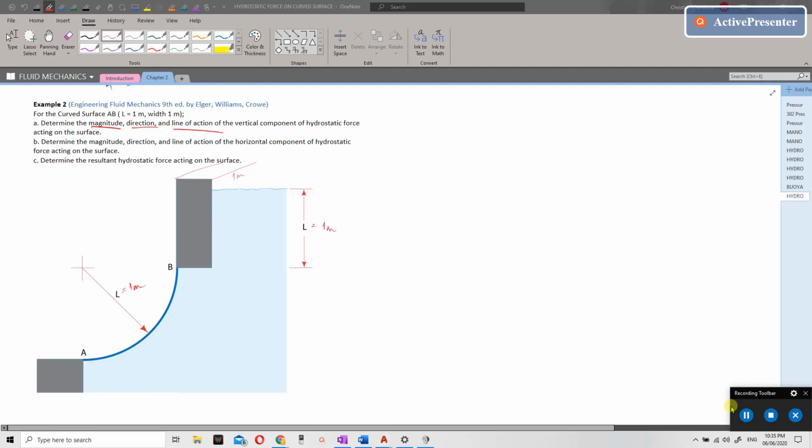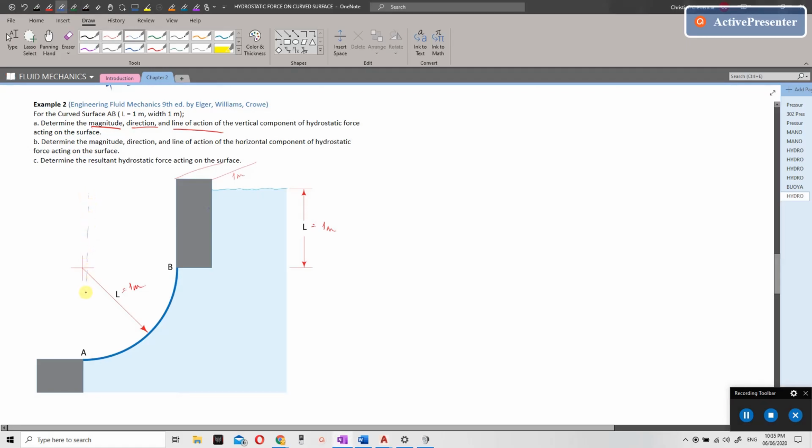But in this example, we don't have any liquid in this portion. If we had liquid here, then its weight, which is directed downward, would be the vertical component of the hydrostatic force, applied somewhere at this point. But in this case, we have no volume here, but still we have hydrostatic force on the underside of our gate.